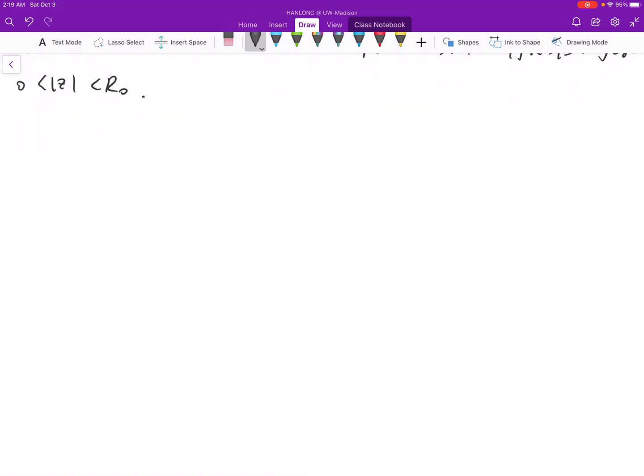Now the trick is to consider the reciprocal of the function f.